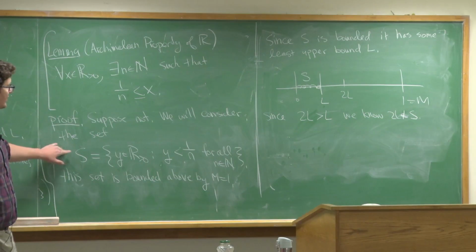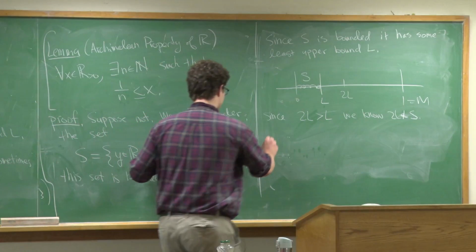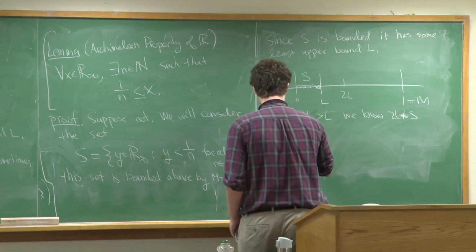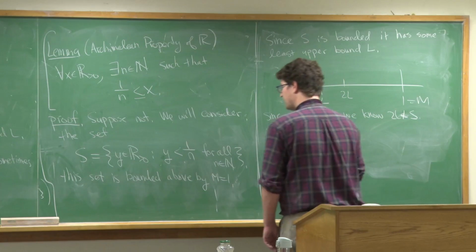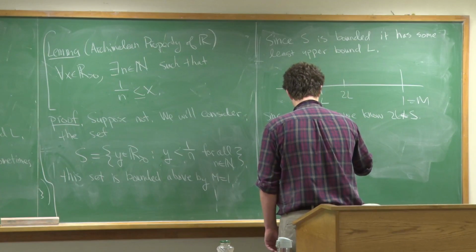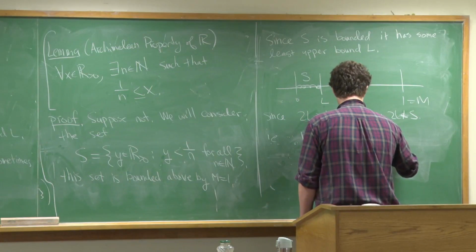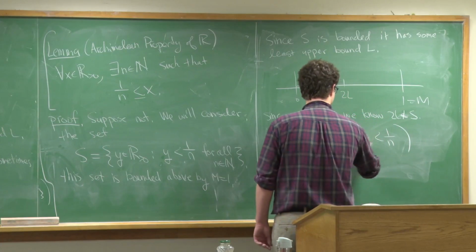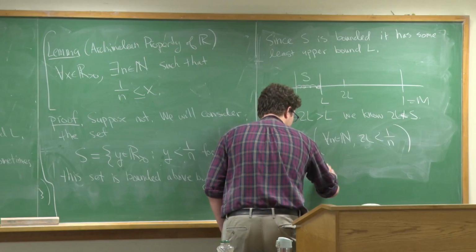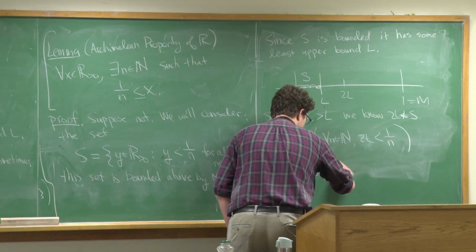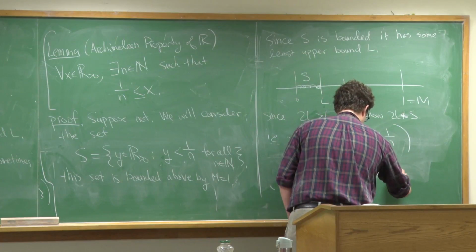The definition of S says, i.e., not this statement. Let me do it like this: not for all n in the natural numbers, y is less than 1 over n, or let's say 2L. And this is saying the same thing as there exists some n in the natural numbers such that 2L is greater than or equal to 1 over n.